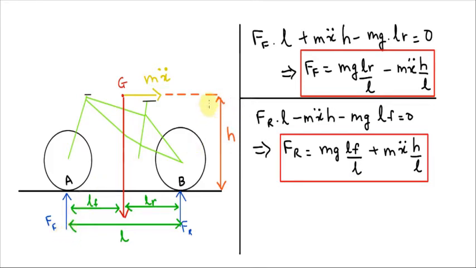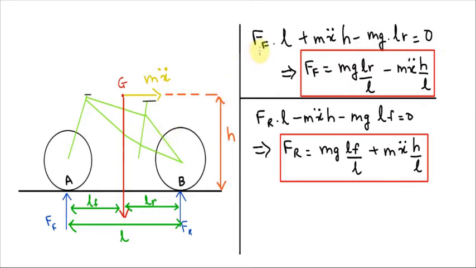So let's now talk about some mathematics. We'll take a moment about this point B. Ff times L plus m x double dot times h minus mg Lr equals 0. The plus and the minus sign depend on the direction of the forces acting.